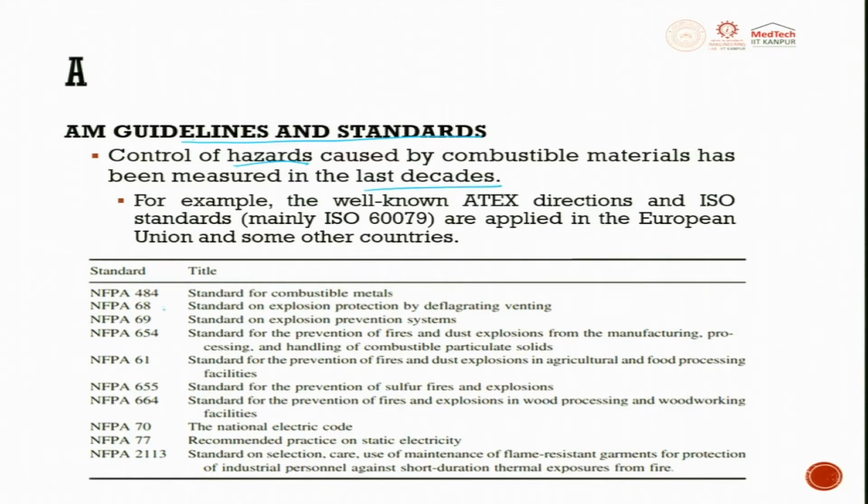Here are some of the standards which are released by ISO and others. ISO mainly the 60079 series talks about combustion. Standards for combustible material, explosion protection by venting, explosion prevention systems.